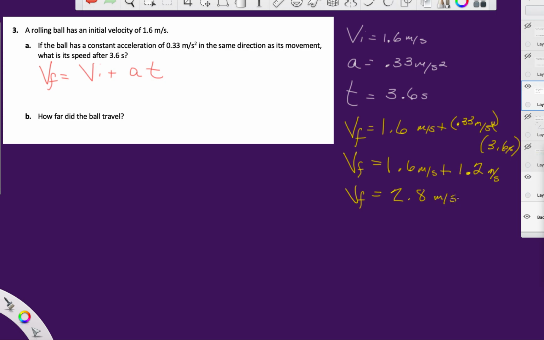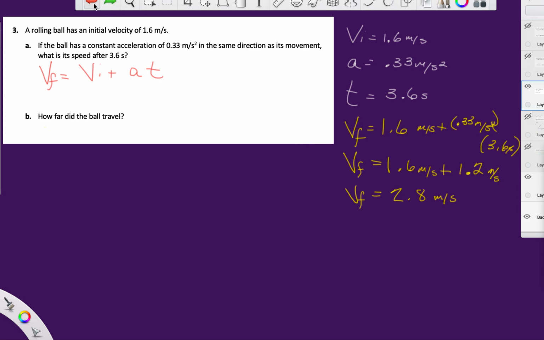So now we're asked, how far did that ball travel? Okay, well, we have enough information in front of us. Even with VI and A and T, we could have figured this out. We're so used to using that gosh darn formula for displacement, we're going to do it again. So I'm going to write the formula for displacement, which is x final. Oh, I shouldn't use yellow. Sorry about that.